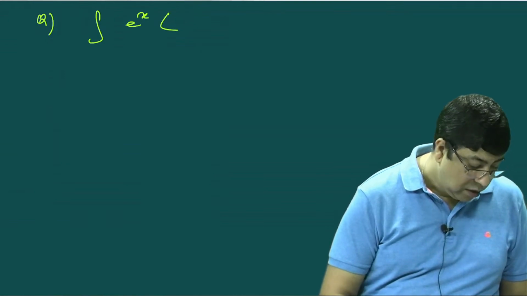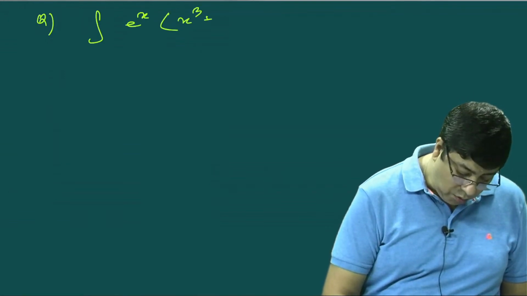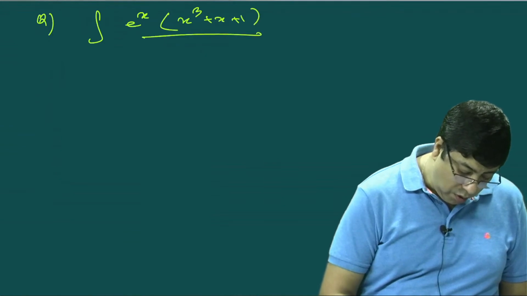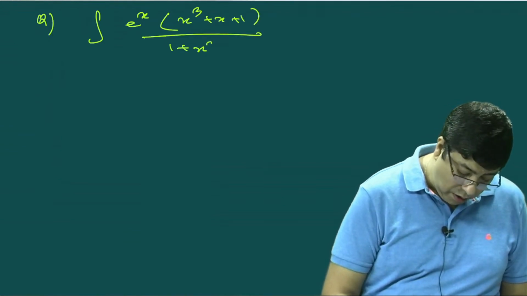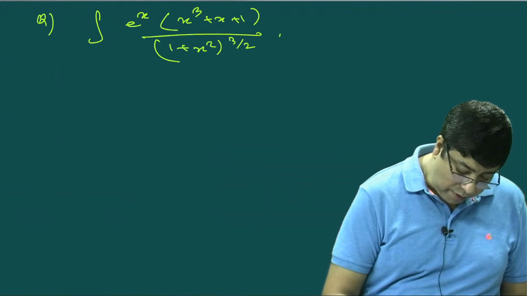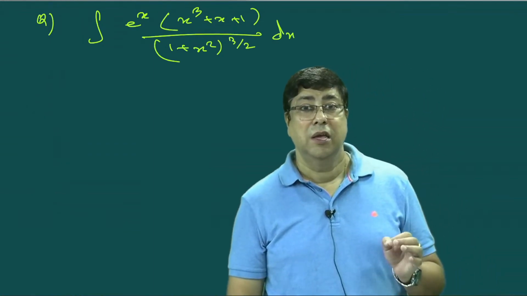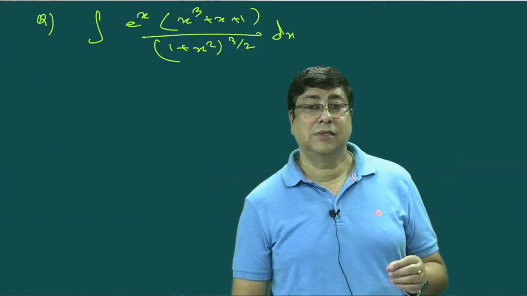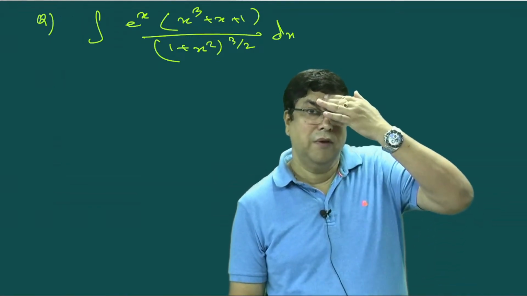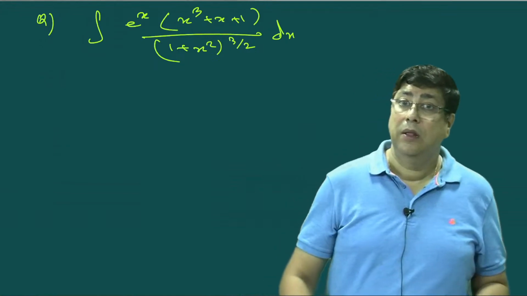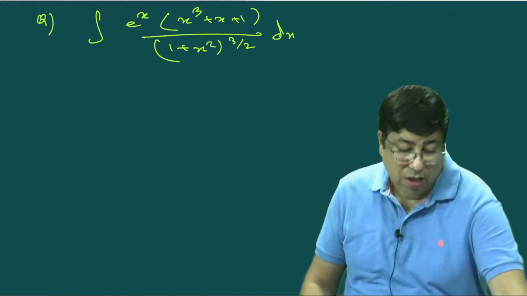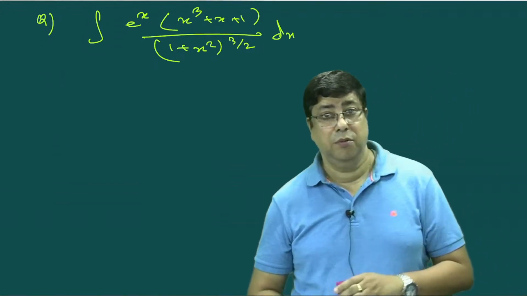E to the power x into (x cube plus x plus 1) total divided by (1 plus x square) whole to the power 3 by 2. Everybody, in 100% cases when e to the power x in any form is multiplied with x, it is e to the power x into (f x plus f dash x). But you have to manipulate which is the f x and which is the f dash x. Must do this, everyone. Try it.